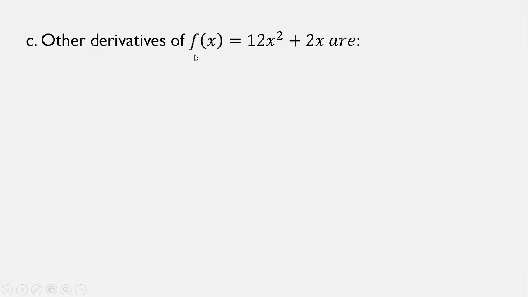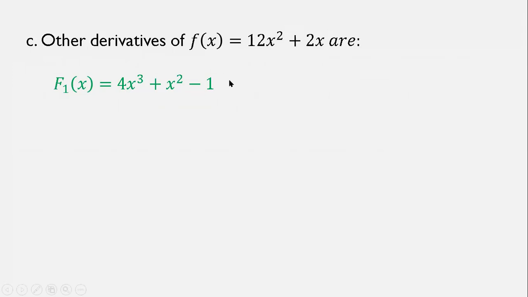Other antiderivatives of f of x, which is equal to 12x squared plus 2x, are the following. Remember, we're using the same function, 12x squared plus 2x. We have F sub 1 of x, which is equal to 4x cubed plus x squared minus 1. These are other antiderivatives of f of x.